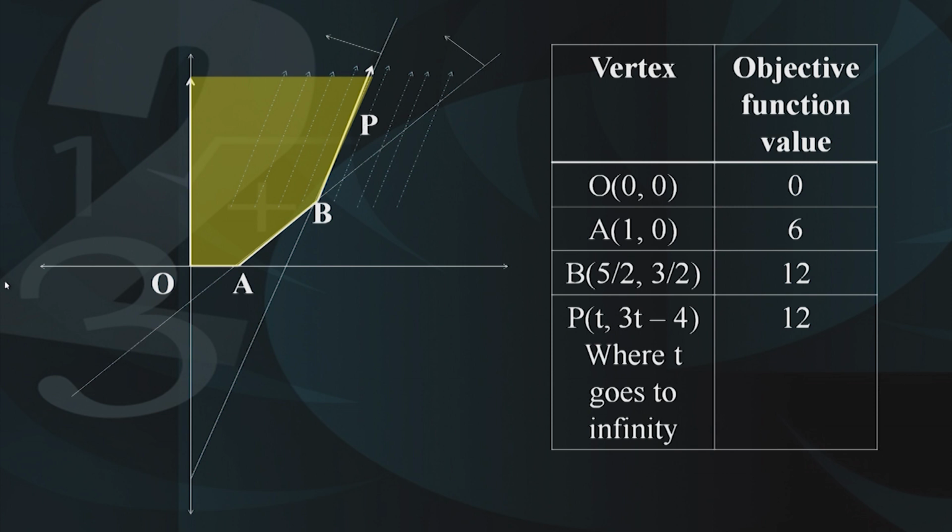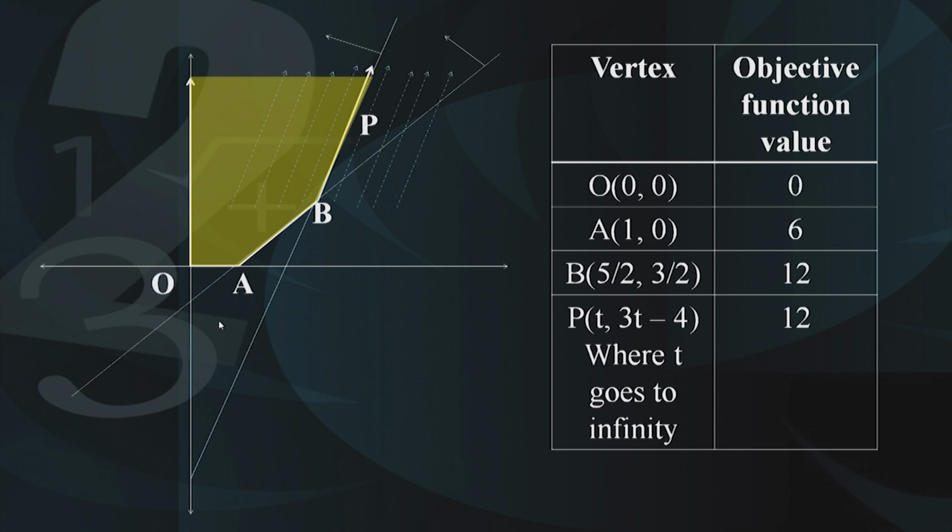Now, how to determine this? This can be determined by looking at the general formula for a point P on this line segment. Because it satisfies this particular constraint, this point P has the coordinates t, 3t minus 4, where t goes to infinity.